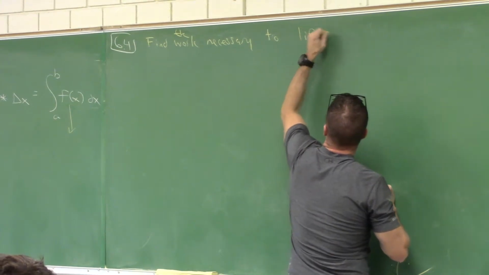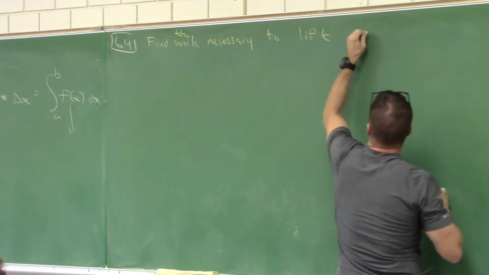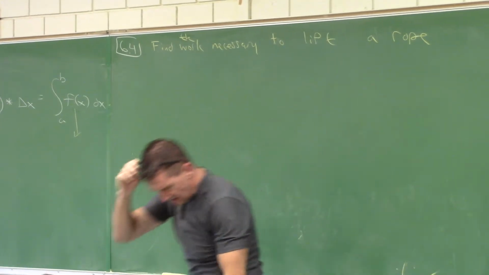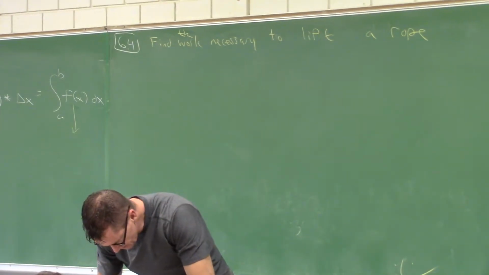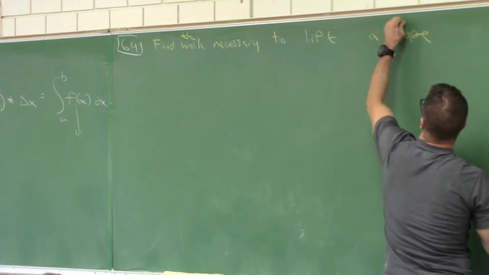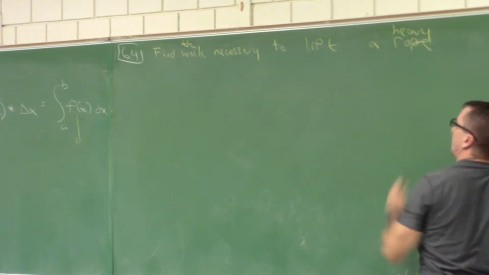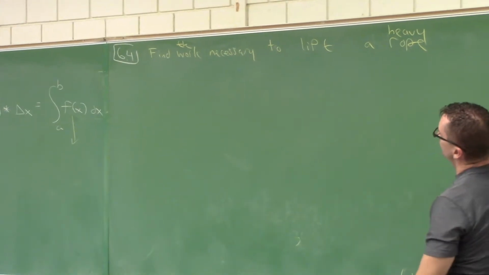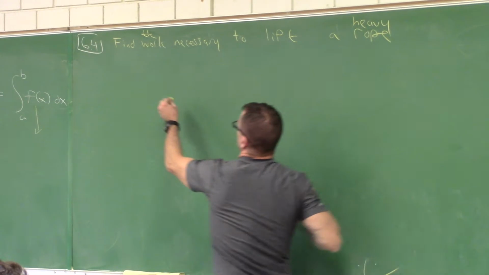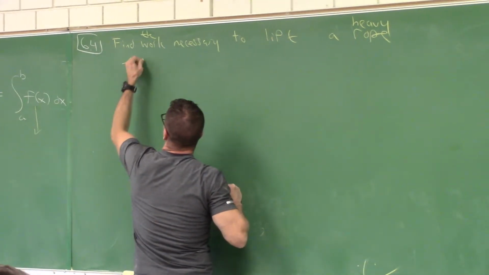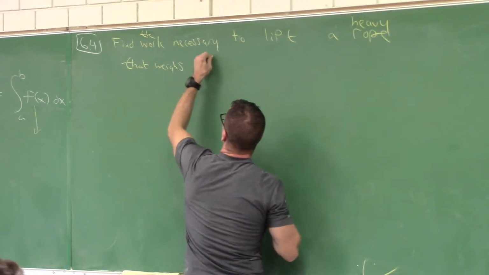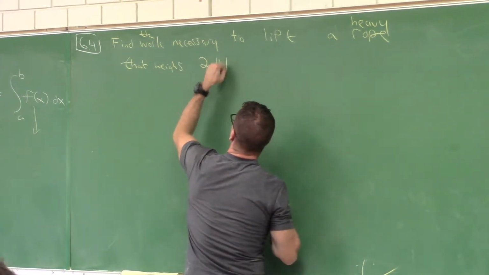To lift the rope. And then when this is a heavy rope, so I'm going to write heavy rope. Find the work necessary to lift a heavy rope that weighs 2 pounds per foot.